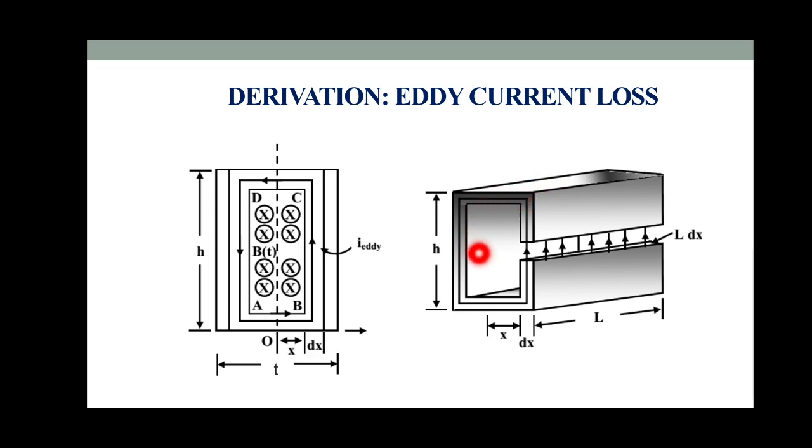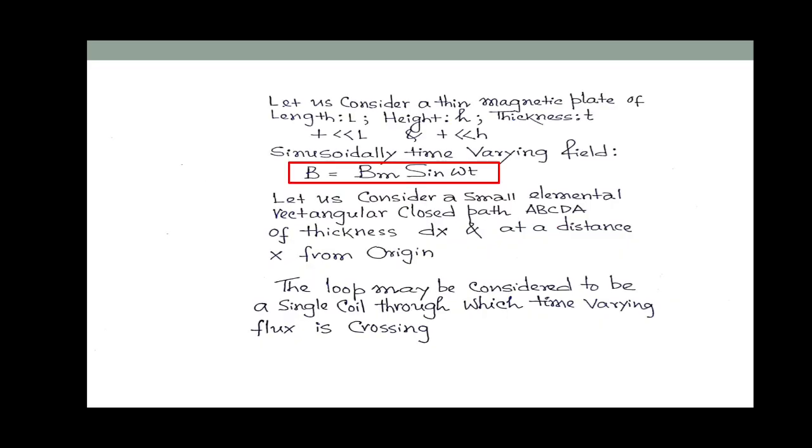This is basically a 3D picture of a magnetic plate of length L, height h, and thickness T. Now the eddy current will flow in this direction shown by this arrow. So let us consider a thin magnetic plate of length L, height h, and thickness T as shown in the previous figure.